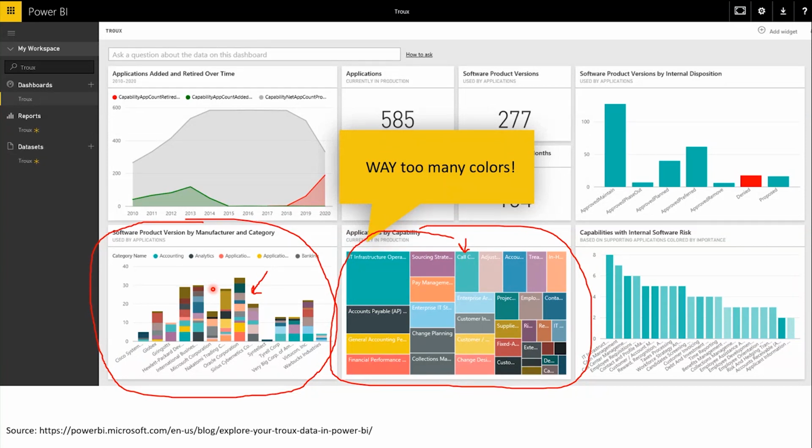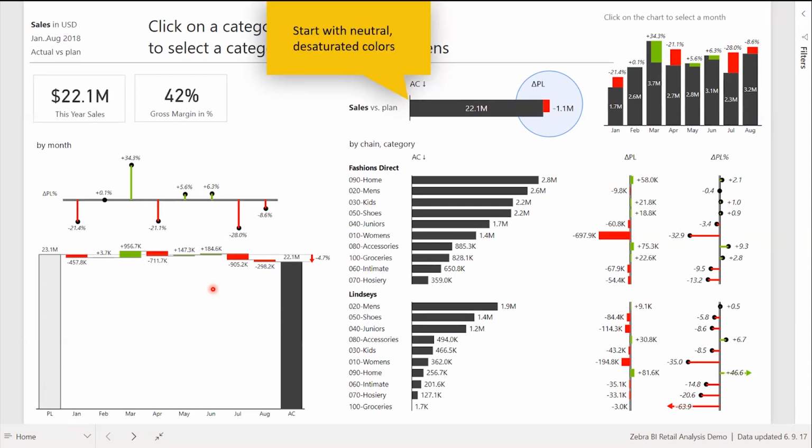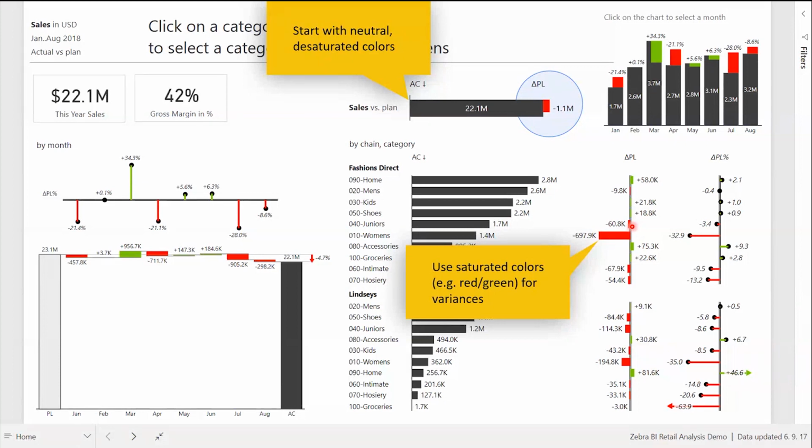So as a quick rule of thumb, I would say start with some neutral desaturated colors. Try to make it very functional. This is an extreme case where I'm using dark gray color for start, right? So this is my base color, but then the data categories that are most important are rendered in very saturated colors, because this is where I want the user's attention to be, right?